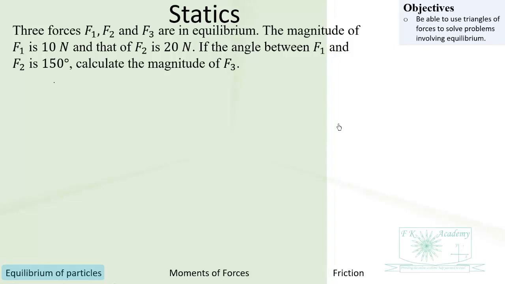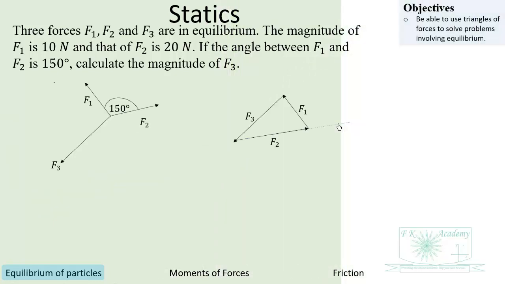We have three forces F1, F2, and F3 being in equilibrium. The magnitude of F1 is 10 newtons and that of F2 is 20 newtons. If the angle between F1 and F2 is 150 degrees, calculate the magnitude of F3. So let's draw a diagram for this. So we can see the F1 force, which is 10 newtons.